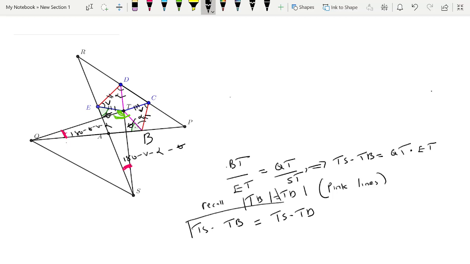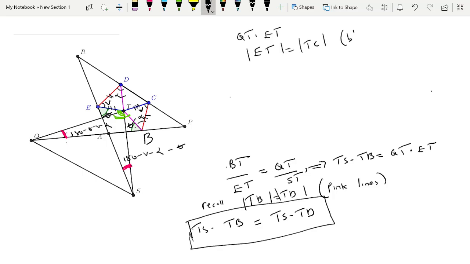Let's just box these parts. Then look at the second part. We have QT times ET. The problem told us that ET equals TC, the blue lines.